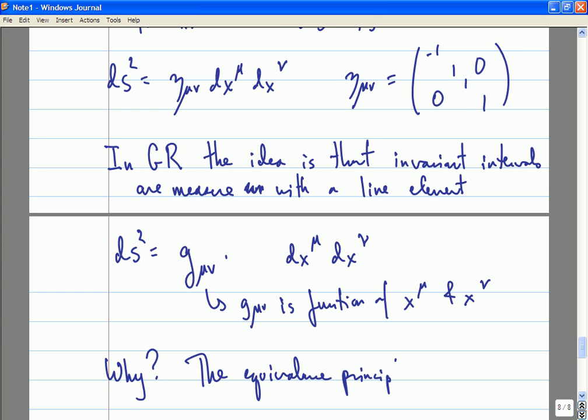And that is a deep and beautiful subject, which is probably the central physical observation that is at the heart of general relativity. And that's a subject which we will study next class.